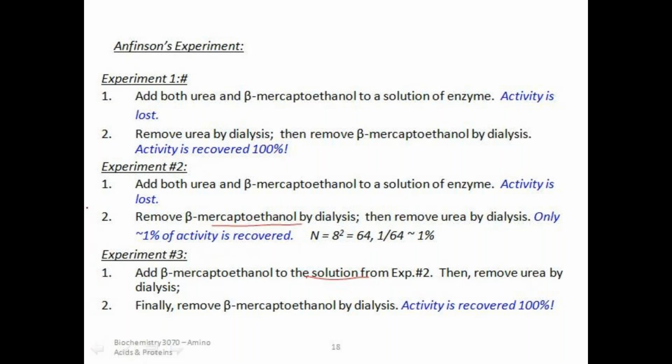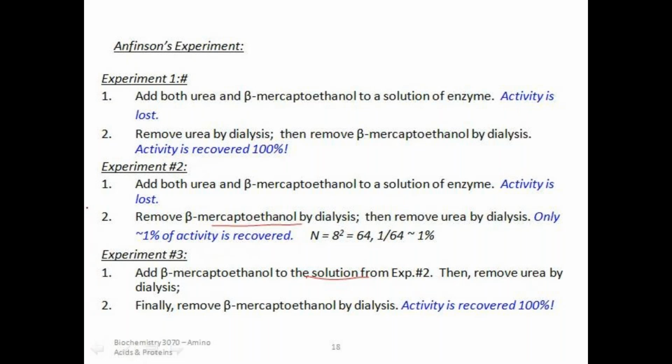That means from these three experiments, what you have to understand is that beta mercaptoethanol is mainly responsible for the conformation of the three-dimensional structure. The three-dimensional structure is mainly maintained by beta mercaptoethanol.